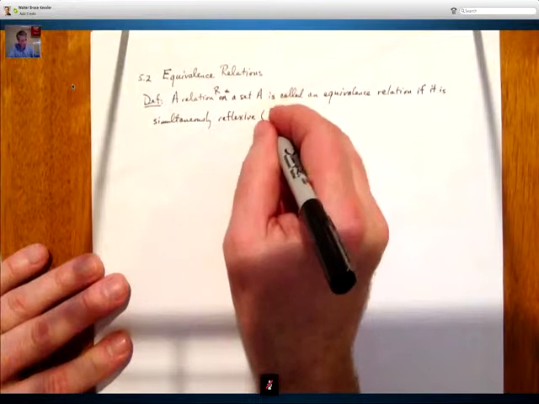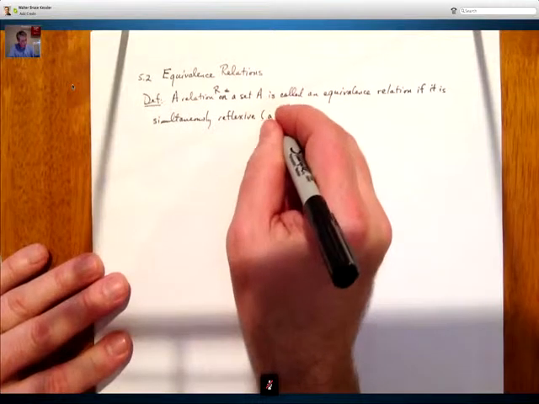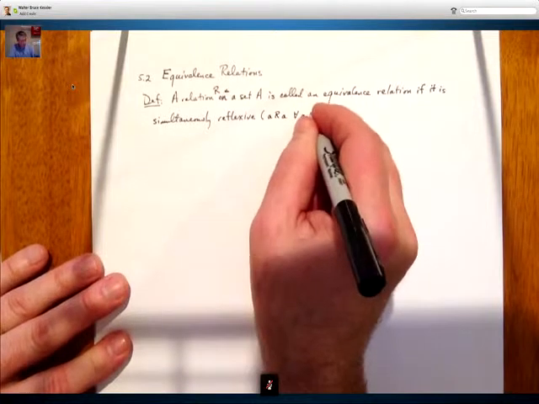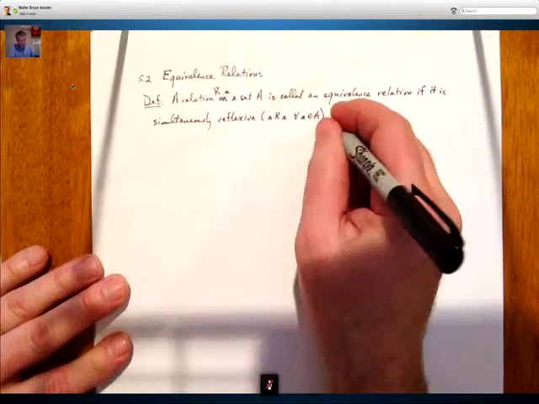Okay, what we mean by that is A is related to A for all A in the set A.